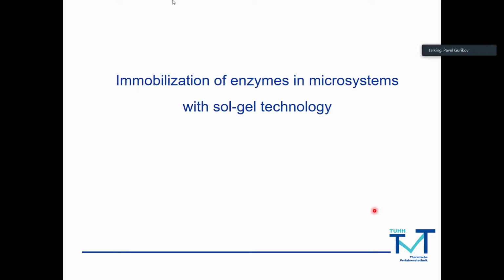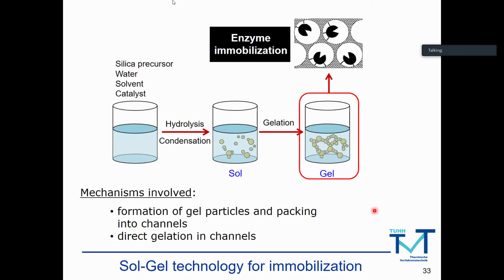So I'm going to show you the results of what we have done. We went for the so-called sol-gel system. You have a compound which can be hydrolyzed, which forms very small microparticles, and then you trigger gelation, self-assembly of these particles into a three-dimensional network. And in all these voids, pores if you will, sits an enzyme.